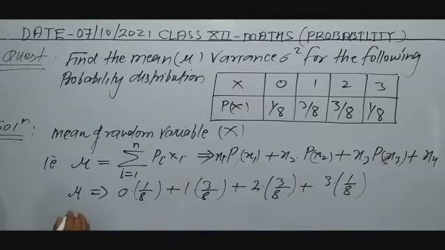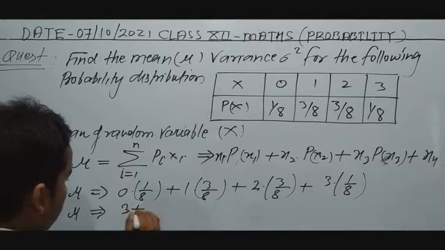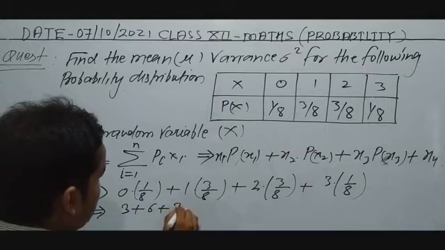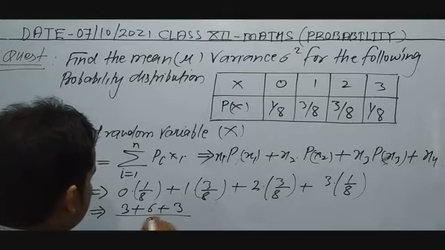Now when you simplify, the result will be 3 by 8 plus 6 by 8 plus 3 by 8, whole upon 8.